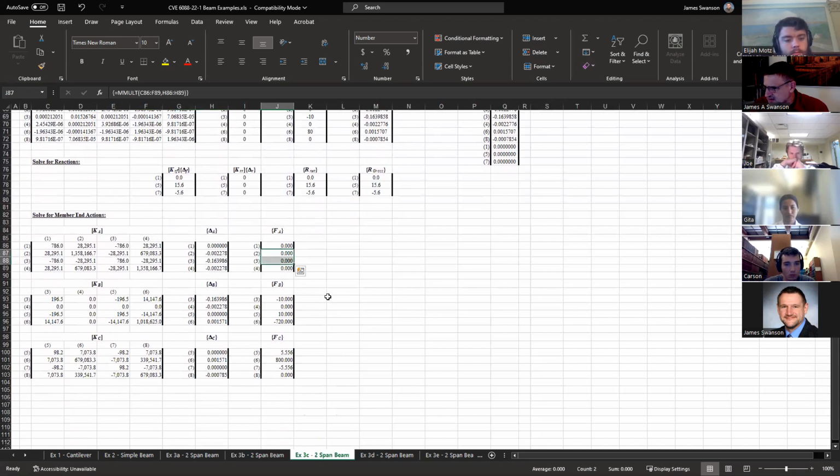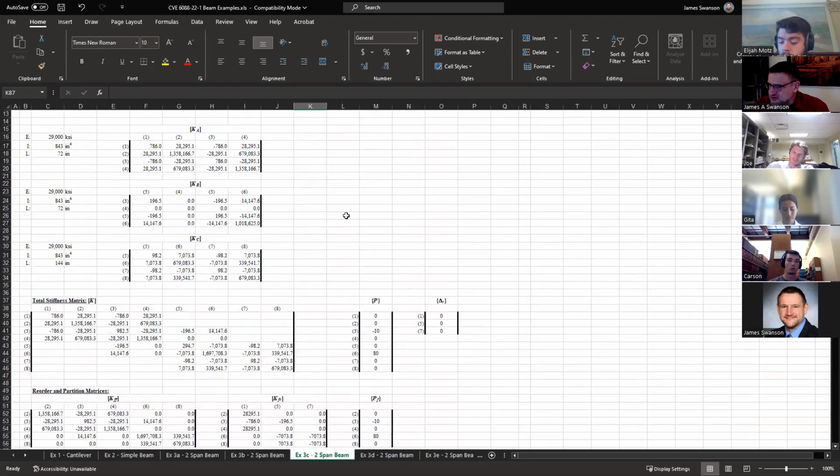And you'll see between example 3B and 3C, we end up with exactly the same results. It doesn't make any difference once we get past the assembly stage. The global structure stiffness matrix is the same, regardless of whether you put the release in at the right end of member A or the left end of member B.